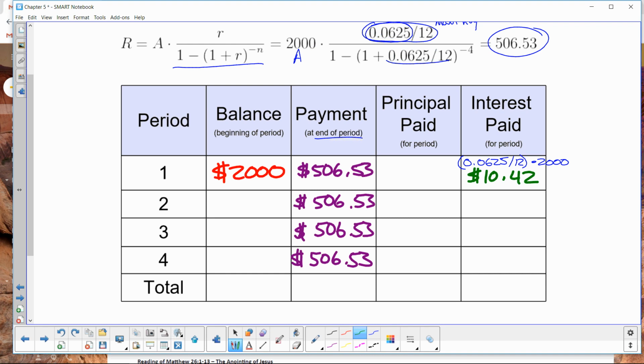So your payment was $506.53. $10.42 of that was interest. So how much of it did you pay to pay off your loan? How much actually went toward the loan? Well, it's going to be your payment minus this.